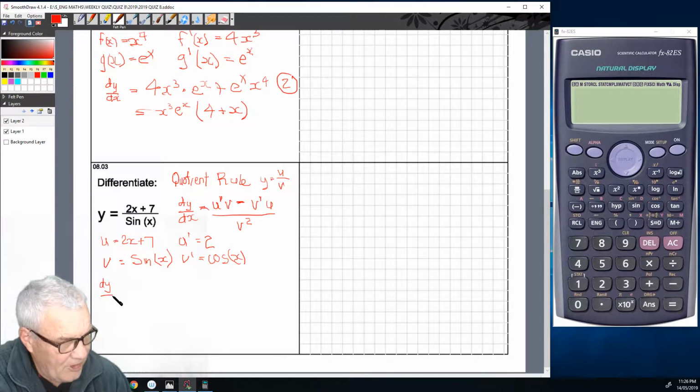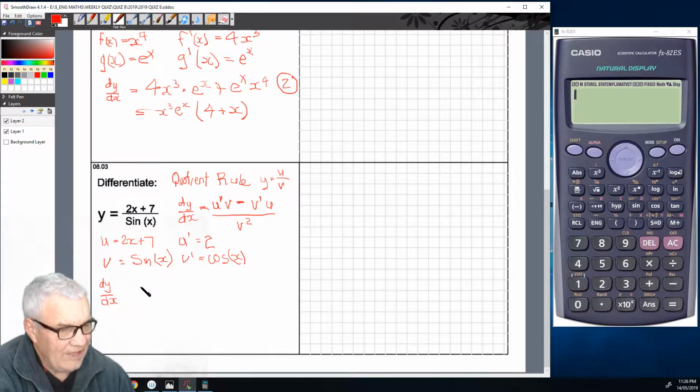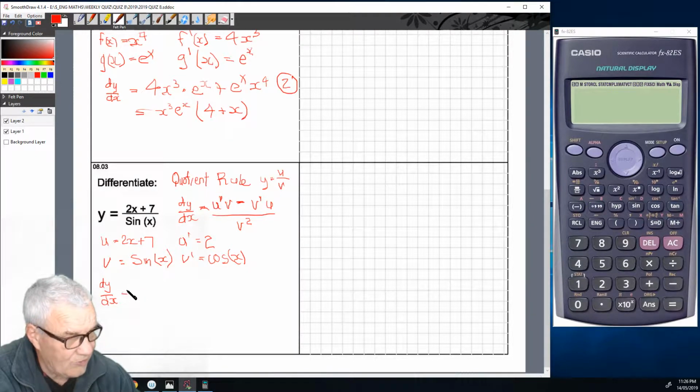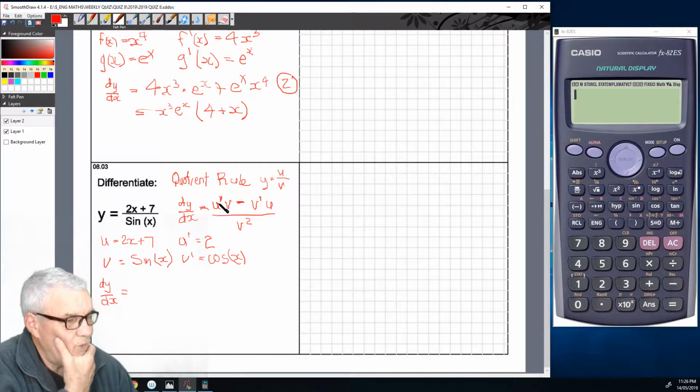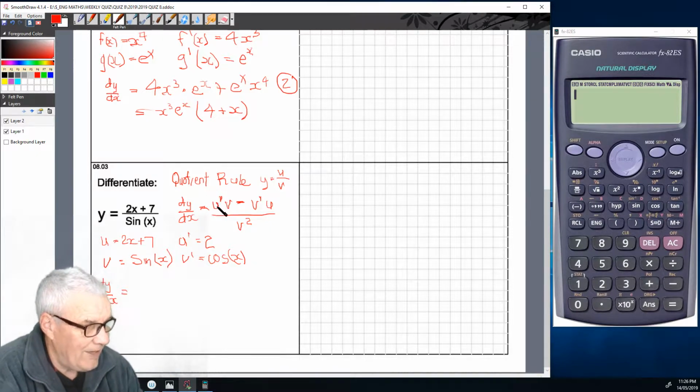Now just remember, dy by dx is the same as f dash x or y dash. They all mean the same thing, just different ways of saying the same thing. All right, so let's follow the recipe, or the formula as we call it in maths.